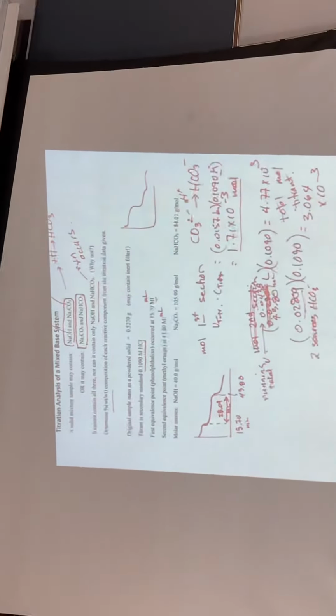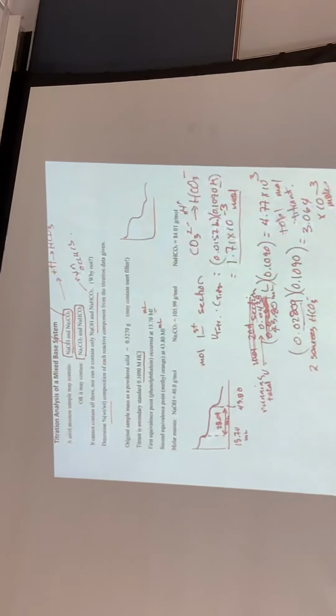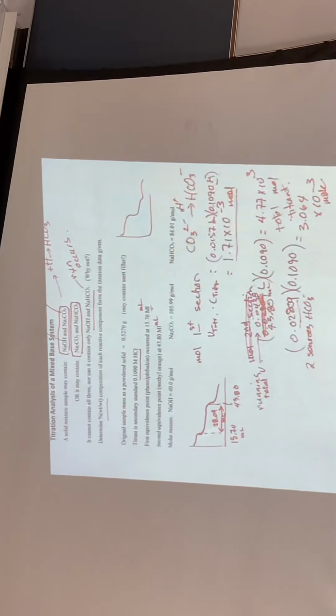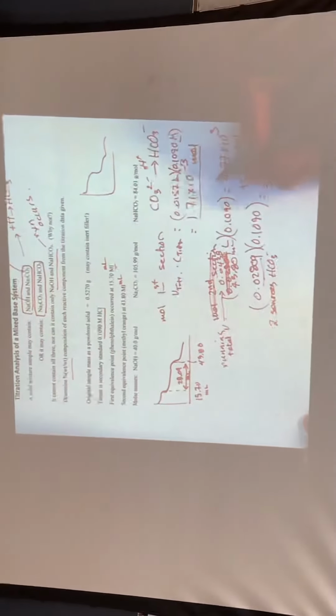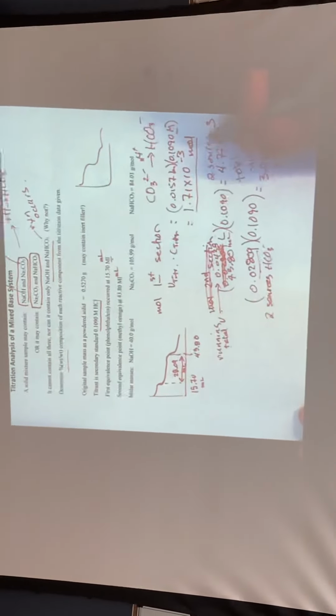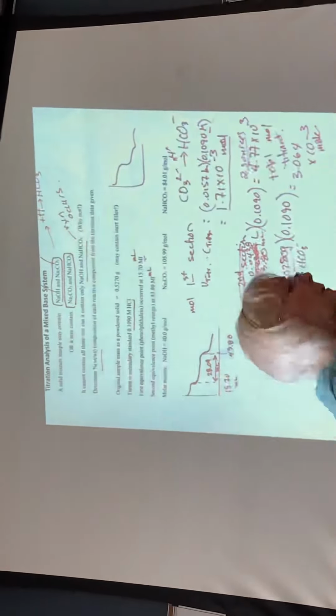Okay, so the two sources of bicarbonate are this many moles. So how do I find out? No, this was the two sources. Two sources of bicarbonate. And let me get my white up.